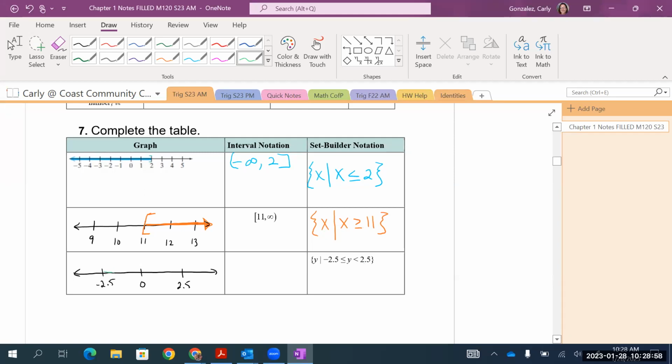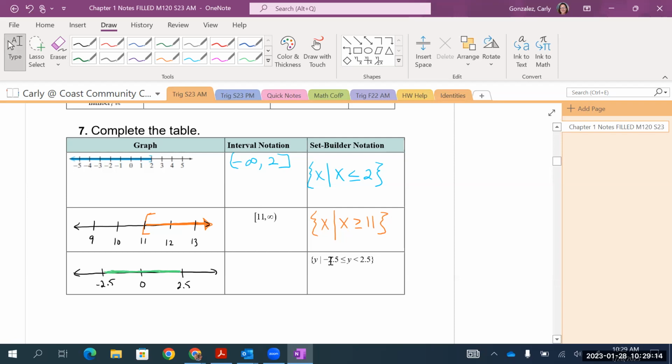So I could go ahead and just shade in between them. And then I need to be careful with my parentheses and brackets.